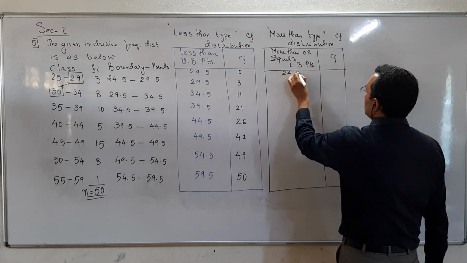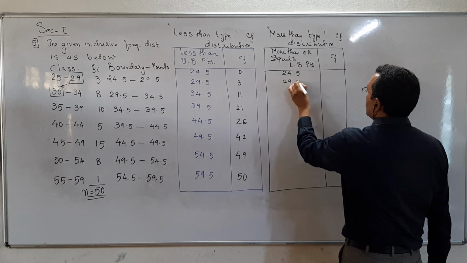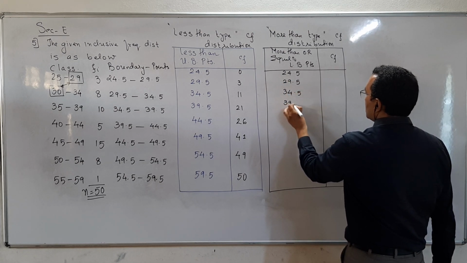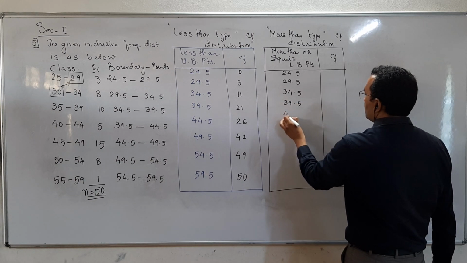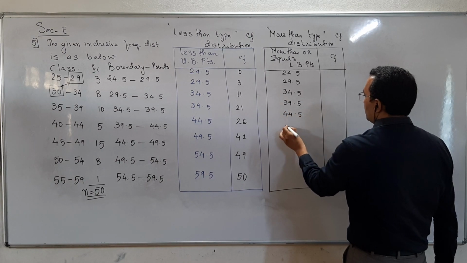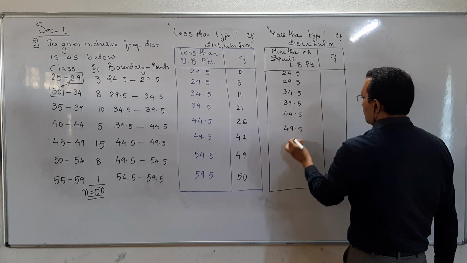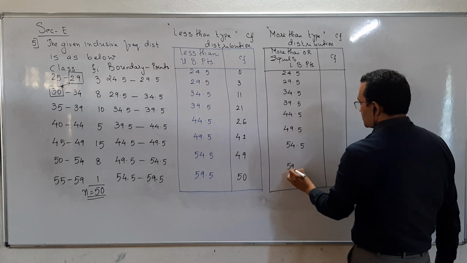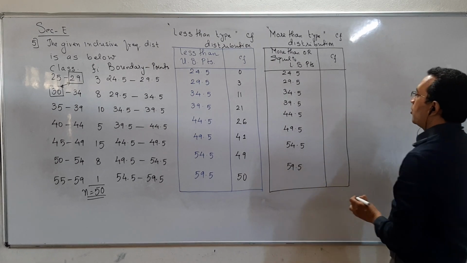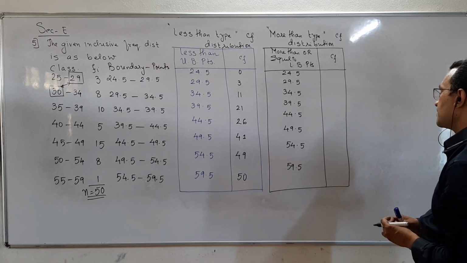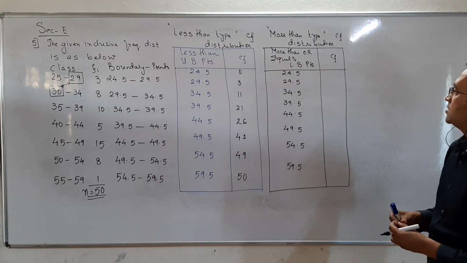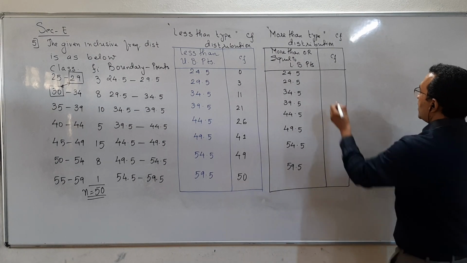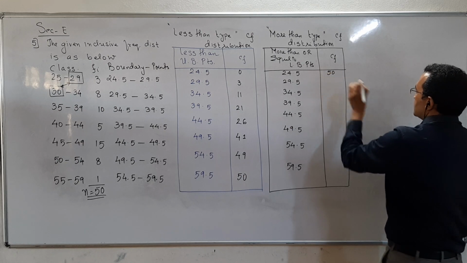24.5, 29.5, 34.5, 39.5, 44.5, 49.5, 54.5, and the last is 59.5. Now all the frequencies are greater than or equal to 24.5, so we start with the maximum, 50.